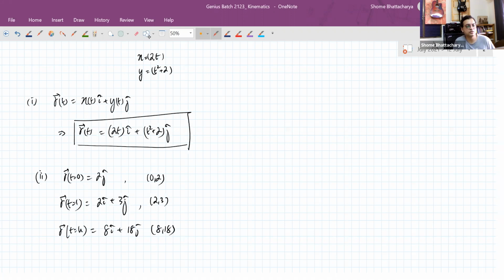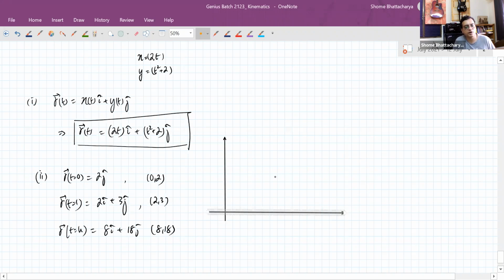Okay. So now once you get a bit of a hang of this, you can try and visualize the motion also, how it's happening, how the actual path of the particle looks like. So this is where it starts from at t equal to 0. 0 comma, oh sorry, my mistake. So on the y-axis.